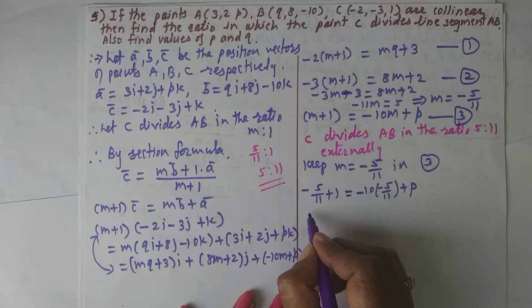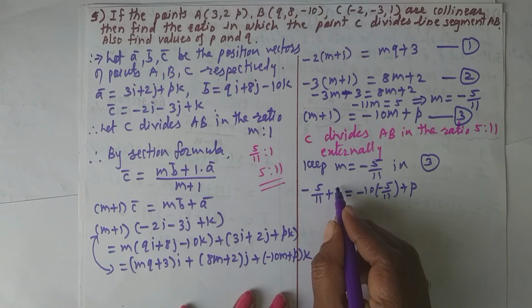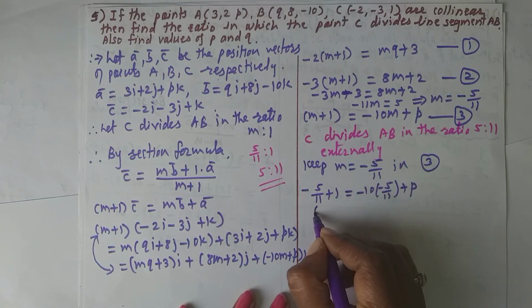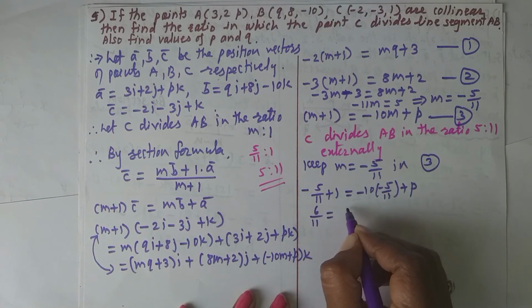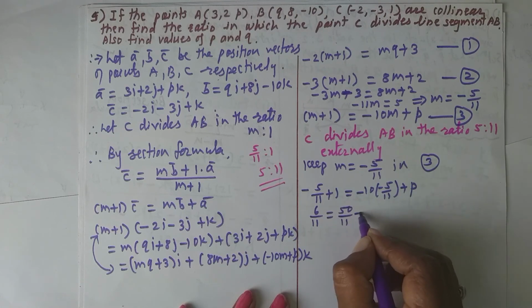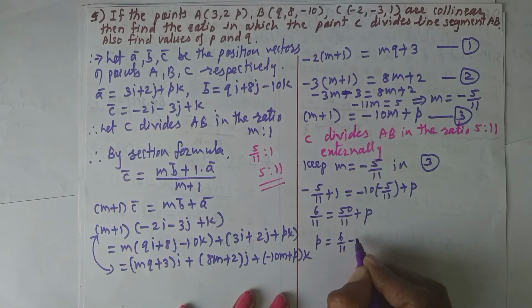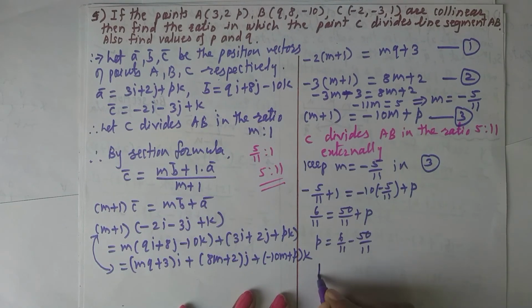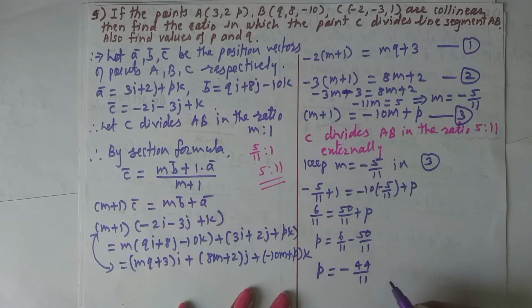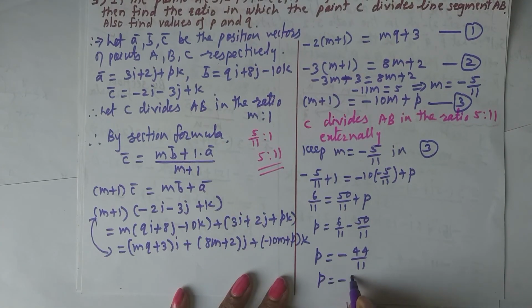Okay, then what will this be? After simplification, minus 5 plus 11 will be 6 divided by 11 is equal to 50 divided by 11 plus p. Then p will be 6 by 11 minus 50 by 11, and I will get p is equal to minus 44 divided by 11, means p is equal to minus 4.